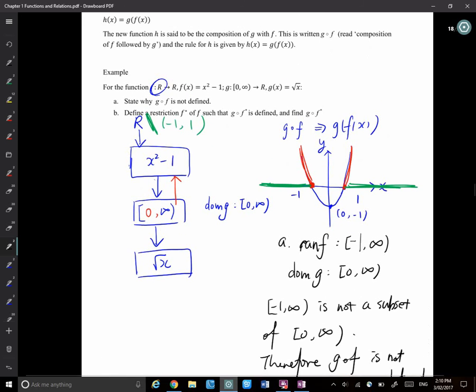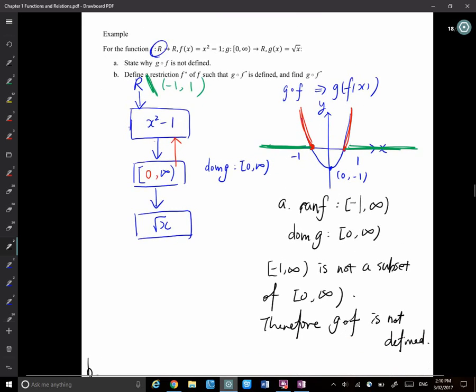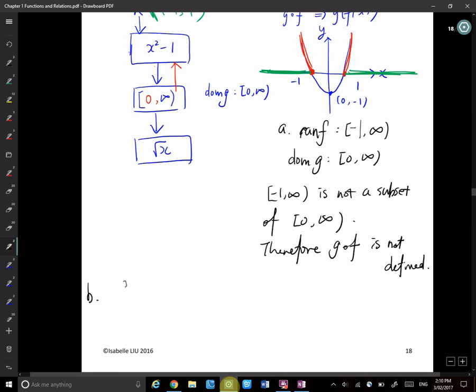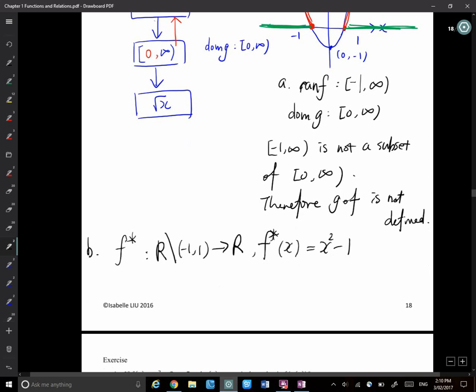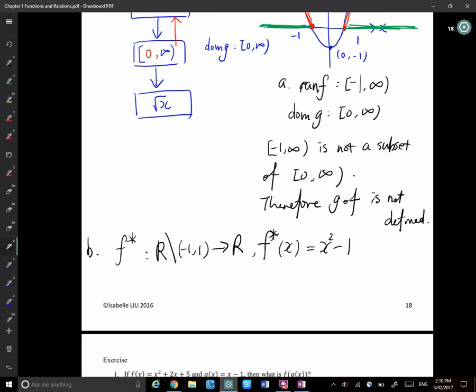I have already found it out at the beginning. So what I will say is f star will be R except negative 1 to 1 mapping to R, comma f star(x) equals x squared minus 1. That's the new function. Why is it excluding negative 1 to 1?